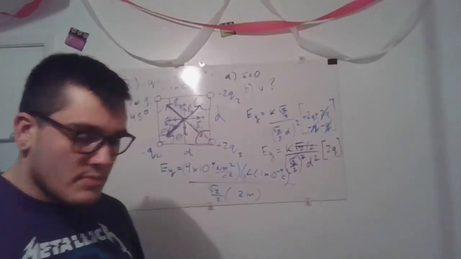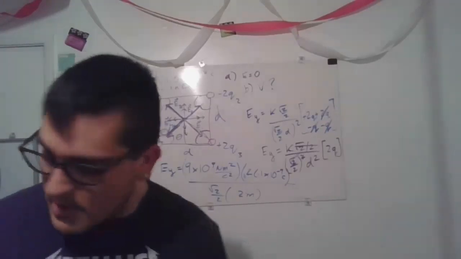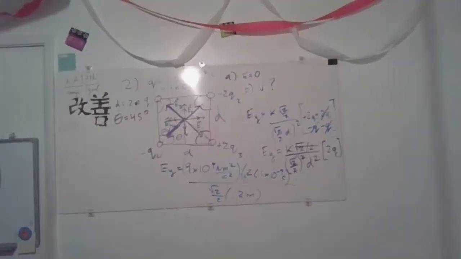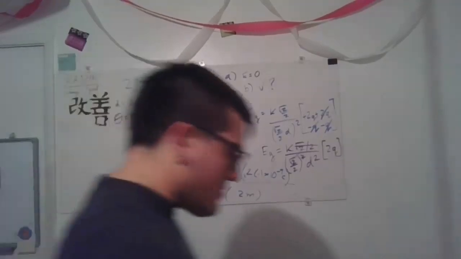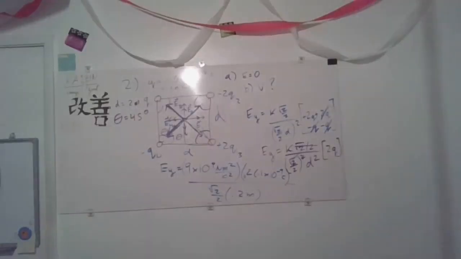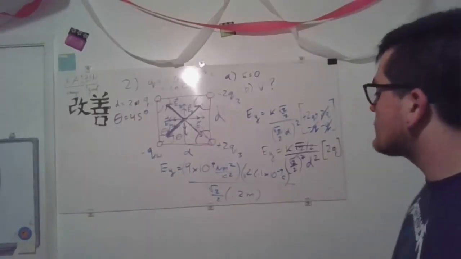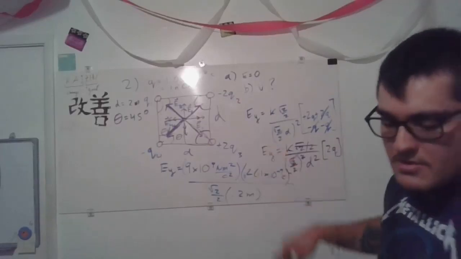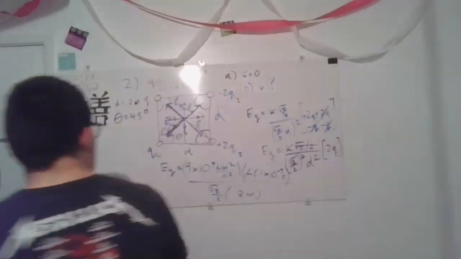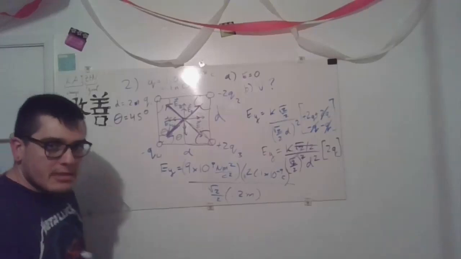Everybody else get 900? I'll have to get my calculator pretty quick. Did they get this for their answer though? Okay, good. Garrett got it as well. Can anybody type out the actual answer?